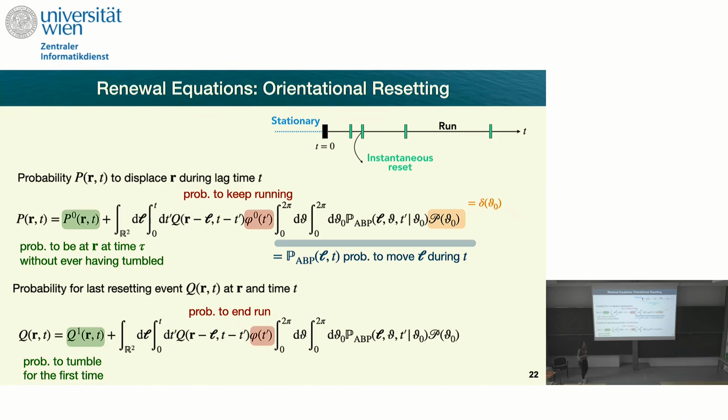For the run-and-tumble particle, this would be random, a uniform distribution, but now we have a delta distribution. We can solve this in Fourier space analytically in terms of Mathieu functions, as we've done before, and that allows us to rapidly extract intermediate scattering functions, for example.